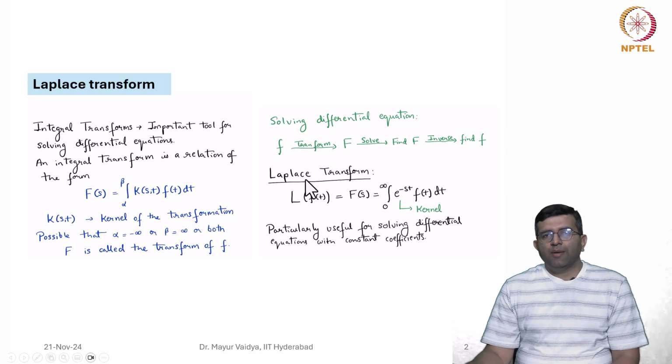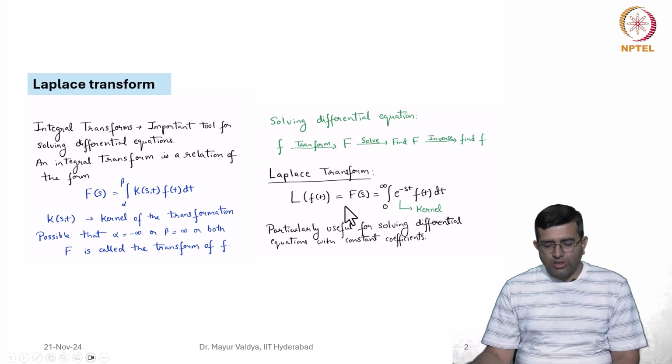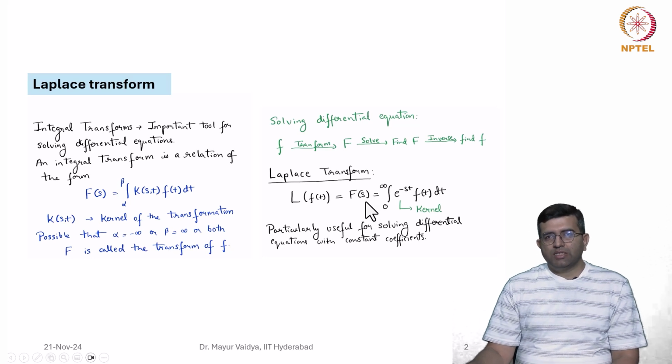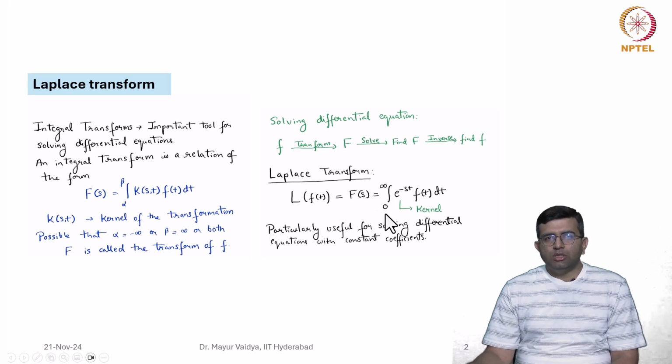Now coming to the Laplace transform, how do we define it? We can define it as L of f of t equals capital F of s, where s is a variable, equals integral from 0 to infinity of e power minus st into f of t dt.